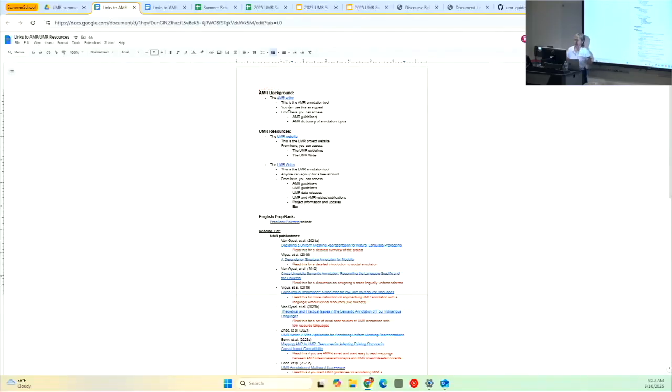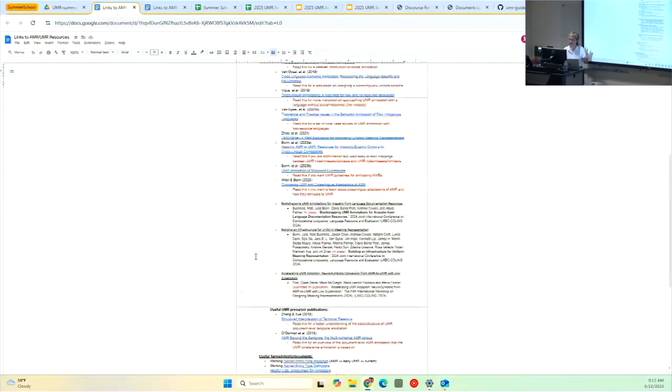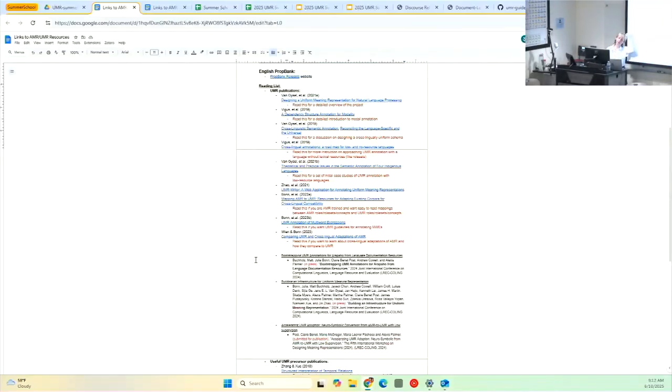And then there's a reading list that, like I said, I haven't updated yet, but it's got all of these publications about UMR on it. To answer your question about Bill's framework and background for the discourse relations, he has sent me links to a bunch of papers that were related, so I'll add those too.